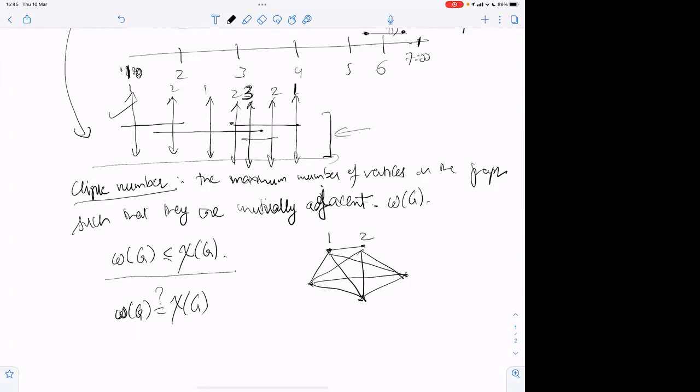So you number the vertices 1 through omega G. Now, how many colors do you need to color these? Suppose you color this with color C1, this with C2, this with C omega G. You cannot use less than omega. Yes, I understood, sir. Correct? So you require at least omega G colors to color the graph, which means that chi G is at least omega G. Correct?